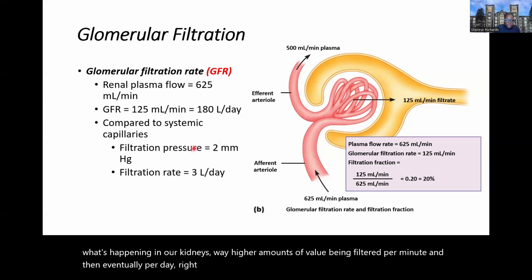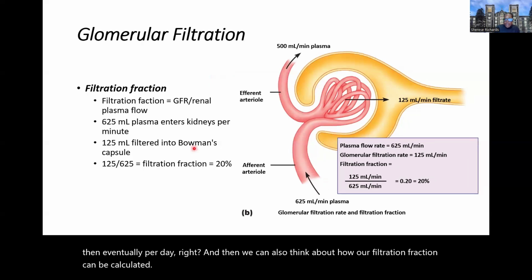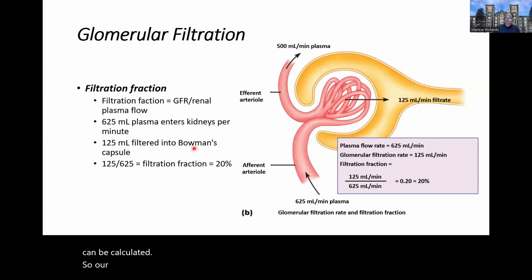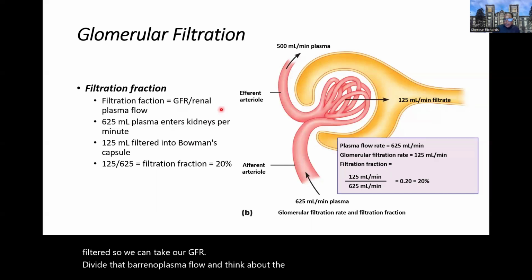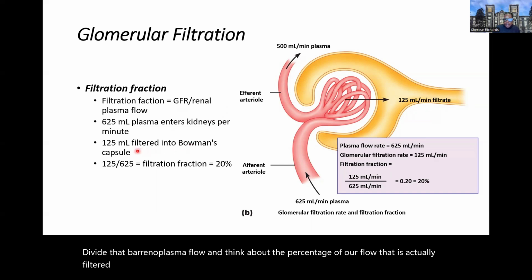And then we can also think about how our filtration fraction can be calculated. So our filtration fraction is what percent of our renal plasma flow actually ends up being filtered. So we can take our GFR, divide that by our renal plasma flow, and think about the percentage of our flow that is actually filtered. So just plug in these two values. Our GFR being 125 milliliters per minute.